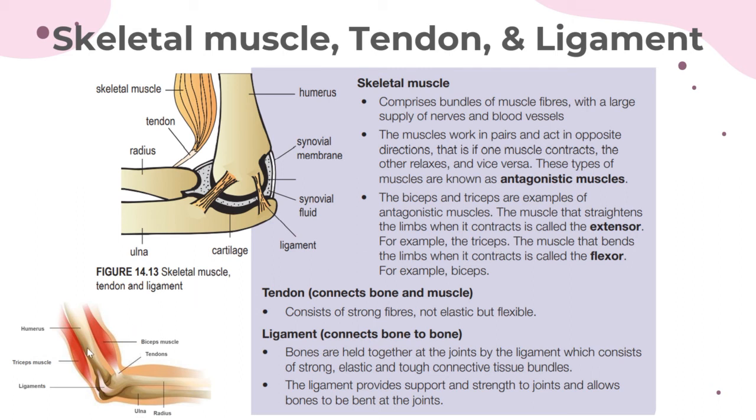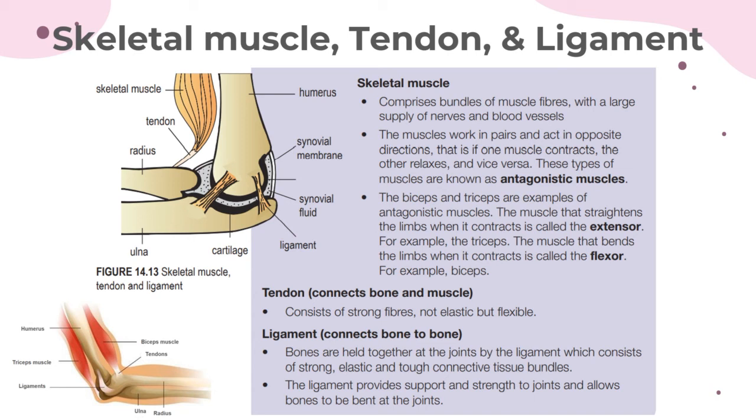Let's take a look at this diagram. When we straighten the limb, the muscle which contracts we call the extensor.